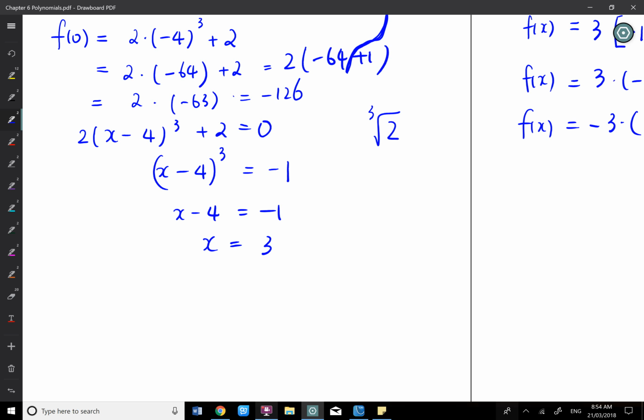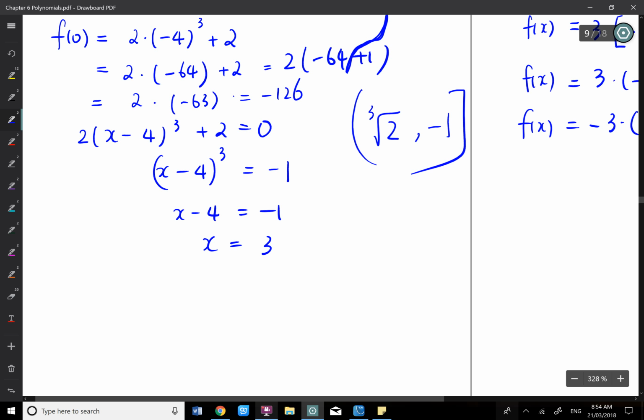The smaller number must be on the left-hand side, and the larger number on the right. It's not only one or two of you who got it wrong. A lot of you got this question wrong. I think maybe you're just too nervous and can't see which one is smaller, so you put it on the wrong side.